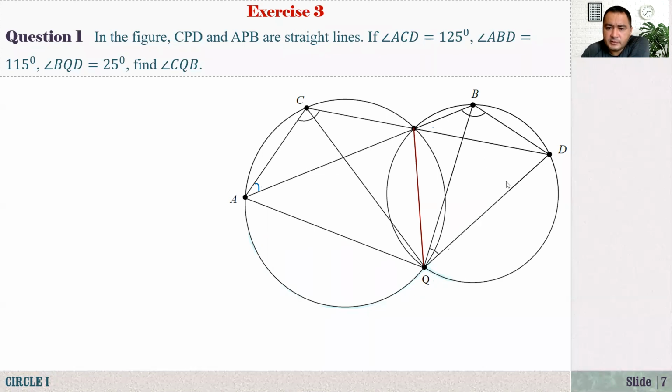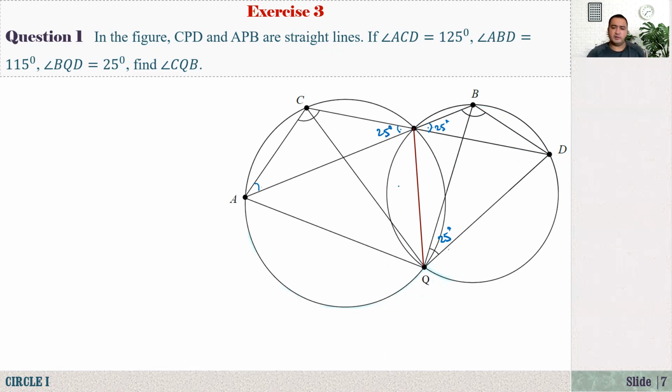From here, this angle BQ is 25 degrees, subtended by the arc BD. This other angle is also subtended by the arc BD, which means it should also be 25 degrees. How about this angle? They are vertical opposite angles, so this should also be 25 degrees.